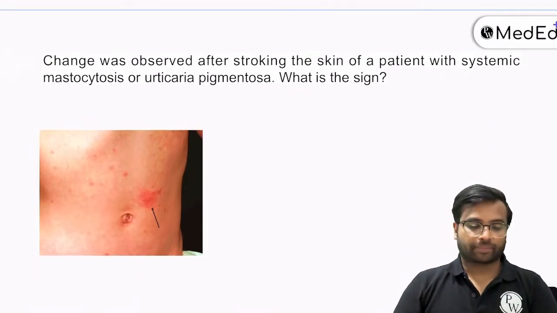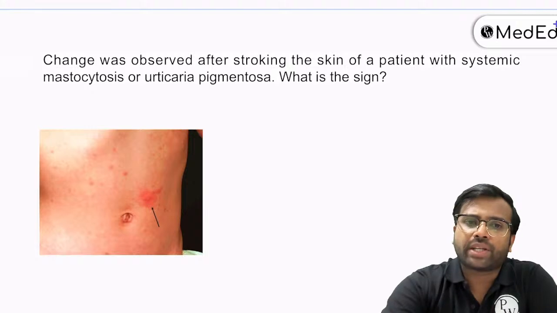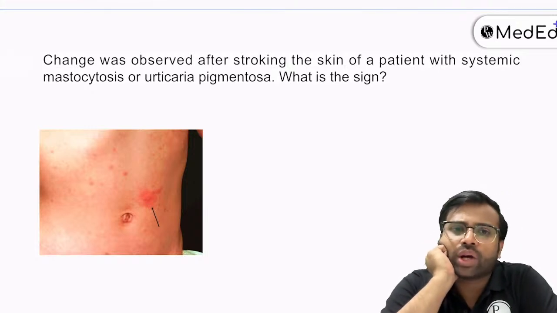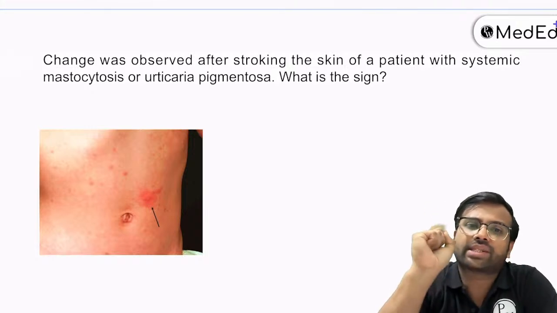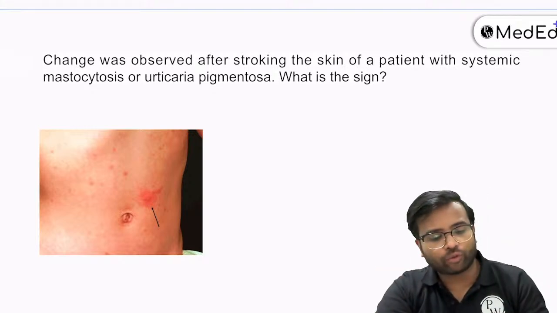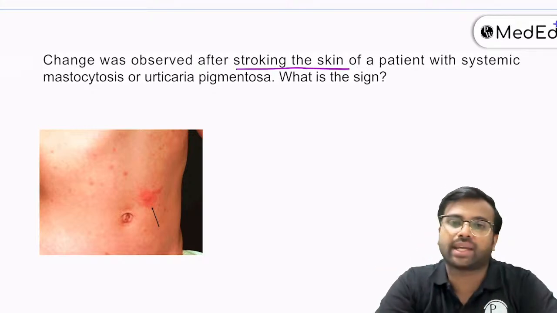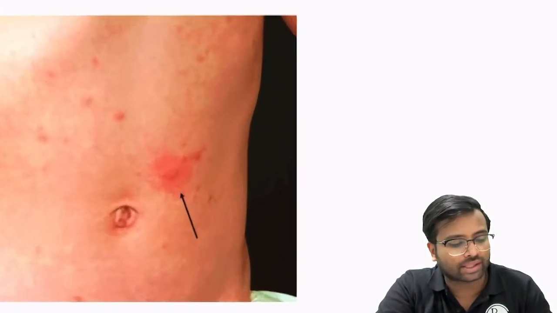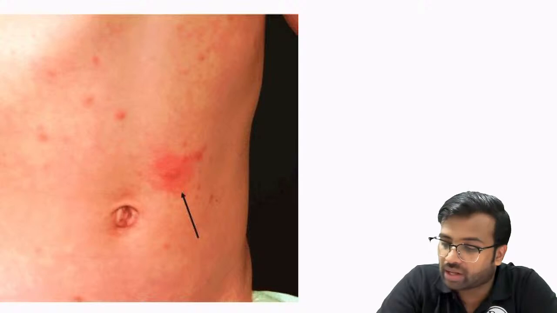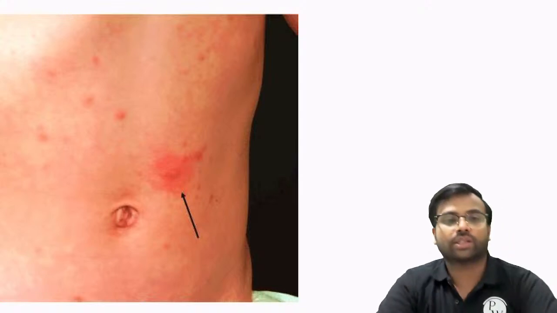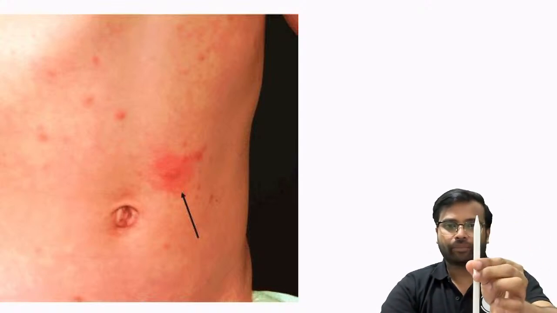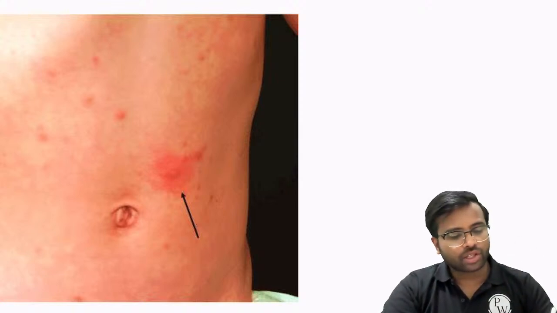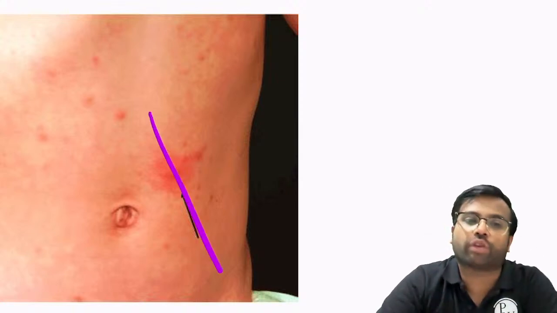Now what is this? This is a patient who has come to you, and the patient is telling you that every time you stroke over the skin, the patient observes some reaction like this. Let me explain once again. I'm taking a pen or a pencil and I am going to rub over the skin of a patient.